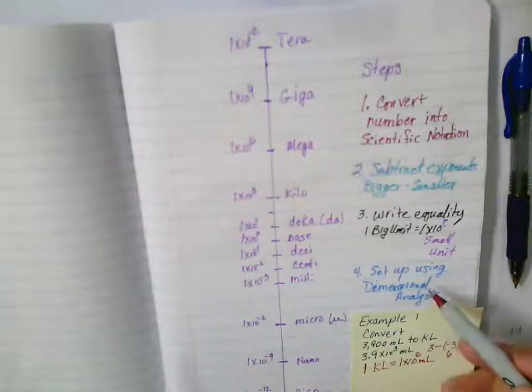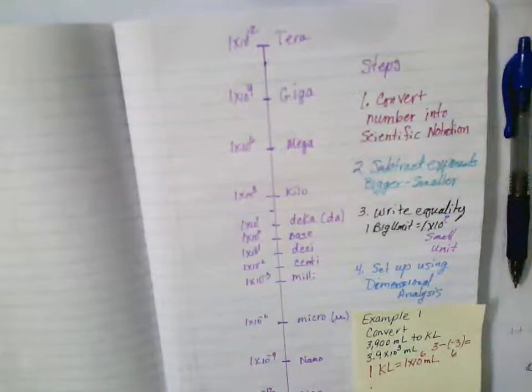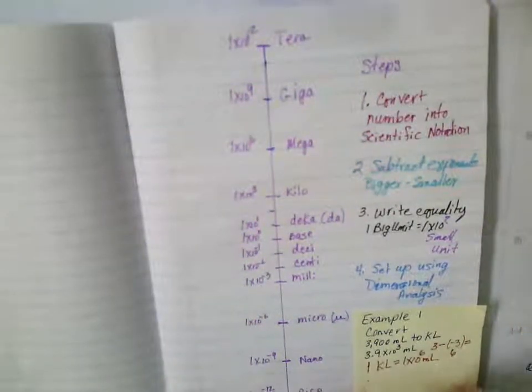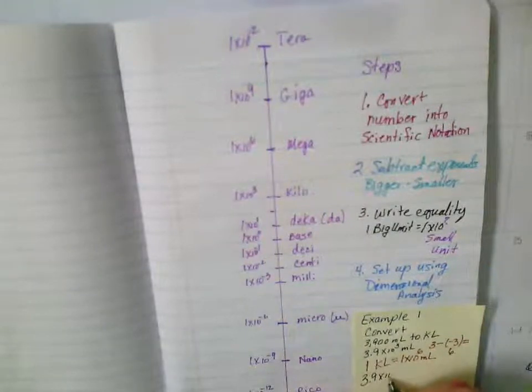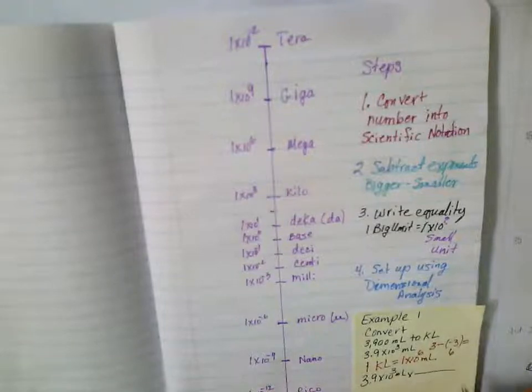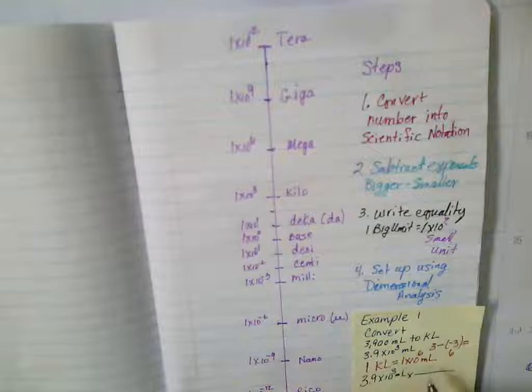Now I need to set it up using dimensional analysis. So going back to the blue pen, we have 3.9 times 10 to the 3rd milliliters times, and I need milliliters to cancel, so this term will go in the denominator.